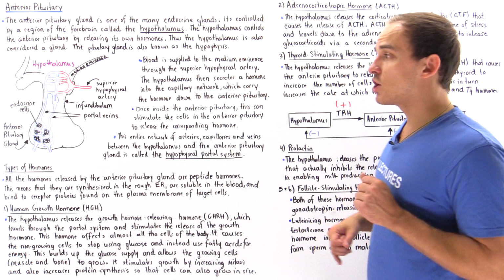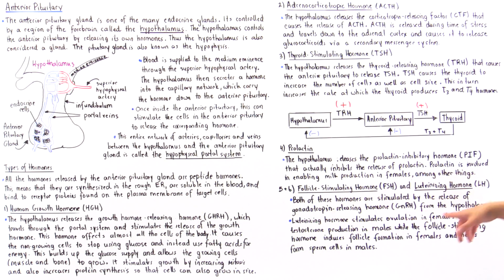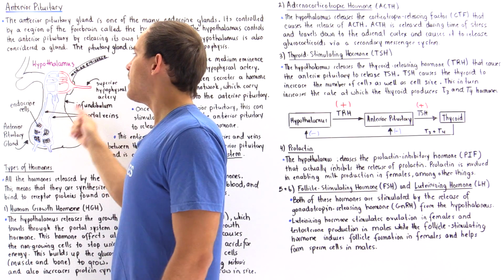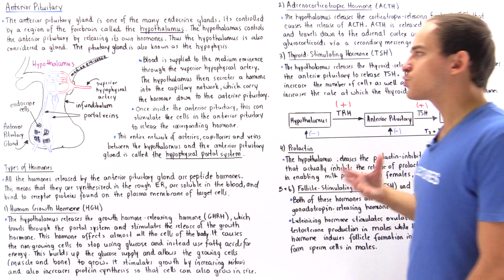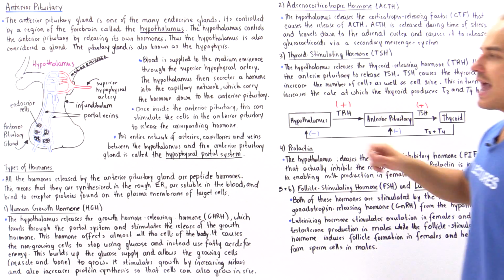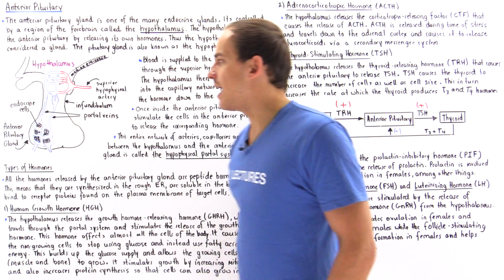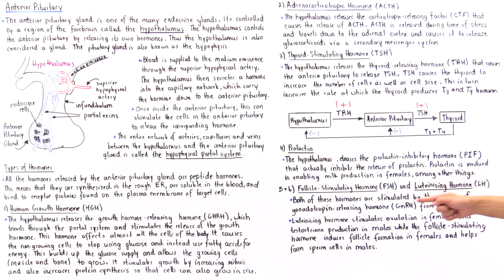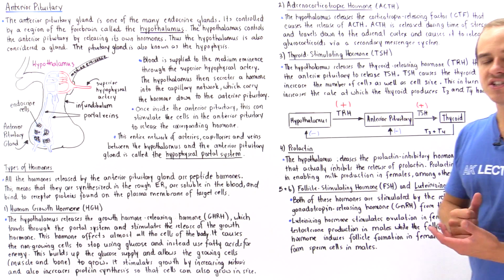For now, we're going to just say that our follicle-stimulating hormone and the luteinizing hormone are both stimulated by the gonadotropin releasing hormone, GnRH, that is produced by our hypothalamus. So the hypothalamus releases our gonadotropin releasing hormone, and it travels down to the endocrine cells, and it causes the anterior pituitary gland to release FSH, the follicle stimulating hormone, and LH, the luteinizing hormone.